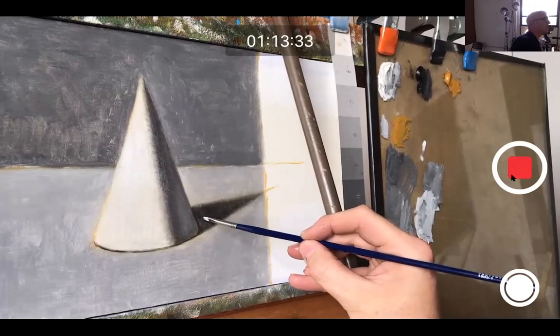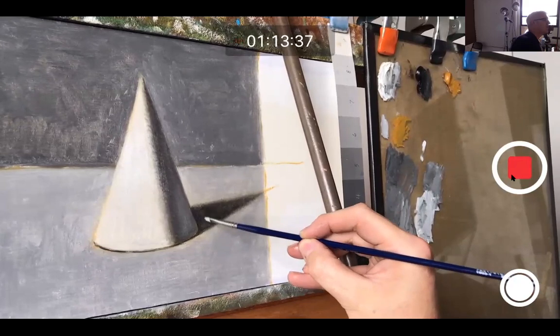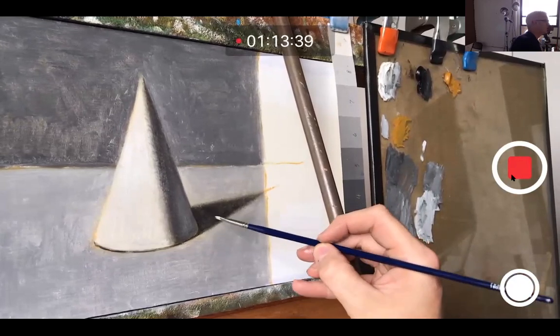So just at the bottom edge of that cone where it meets the cast shadow, that shadow is darker.